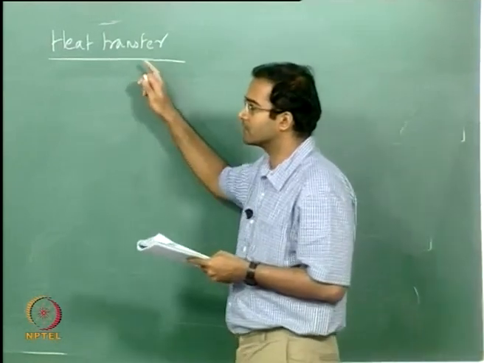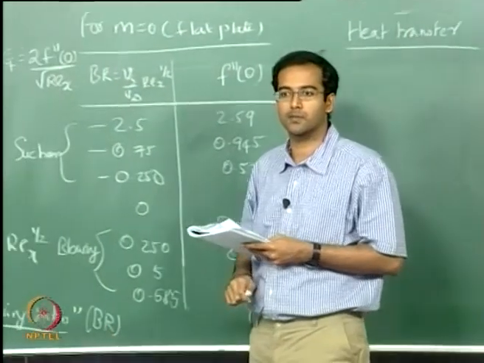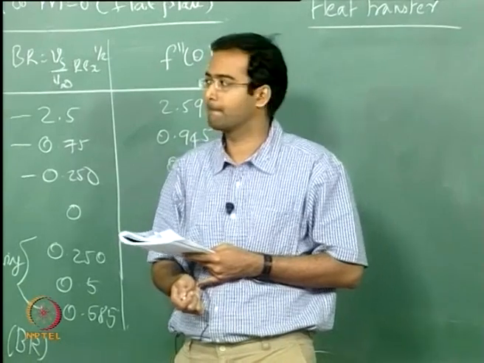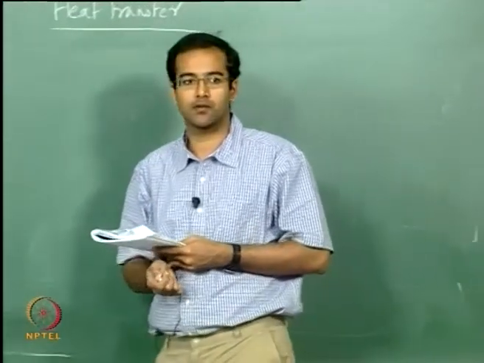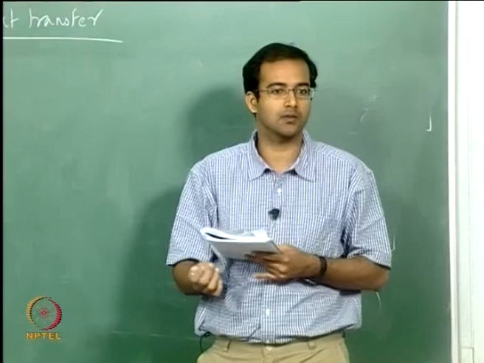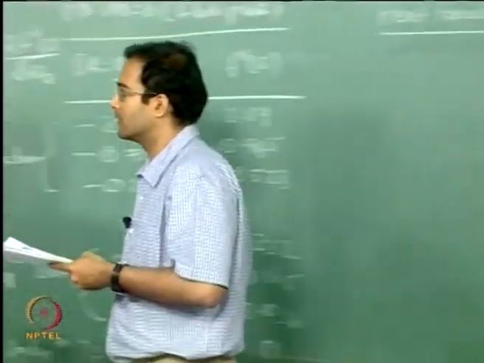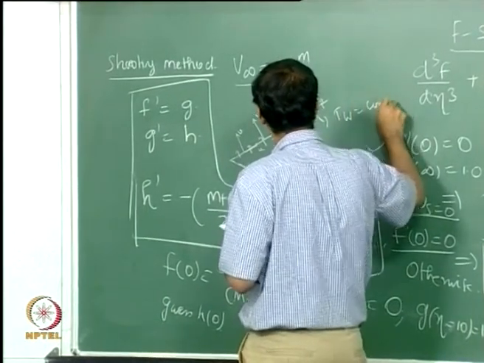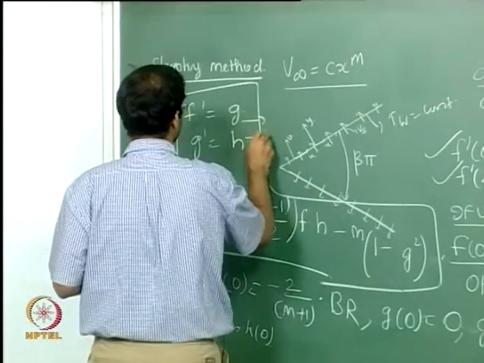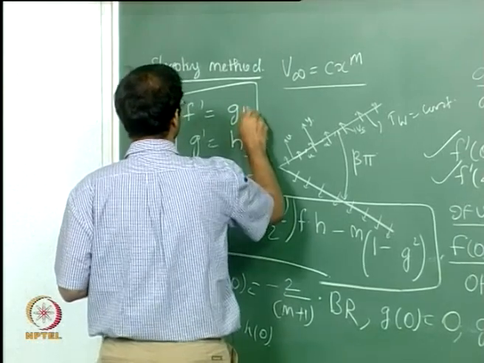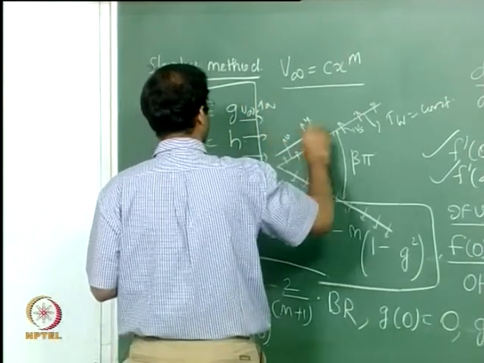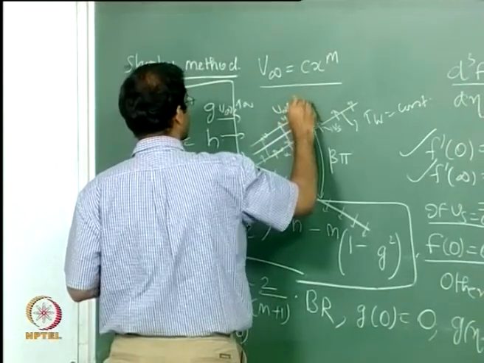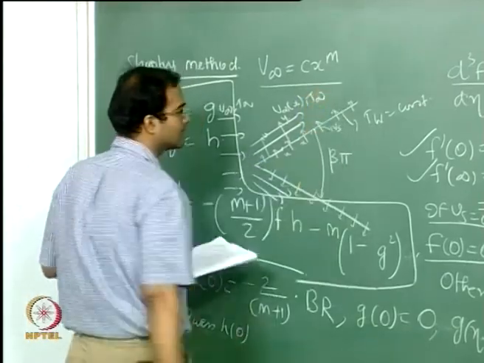Coming to the heat transfer, so what should be the similarity equation for heat transfer? Exactly identical to what we derived, right? No change, and boundary conditions also don't change. We assume that you have a constant wall temperature, and u infinity, T infinity, and once it comes here, this becomes u infinity of x and still T infinity. Okay.